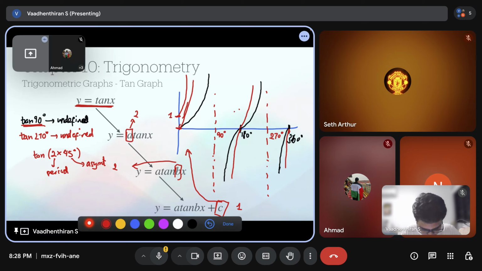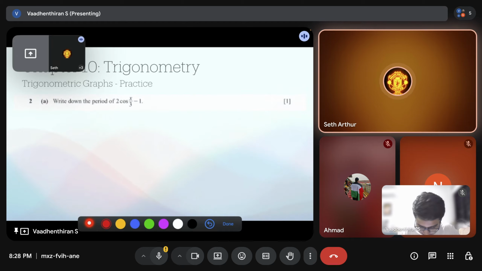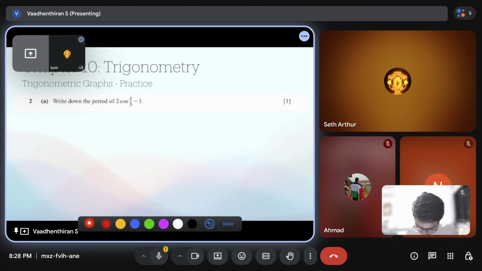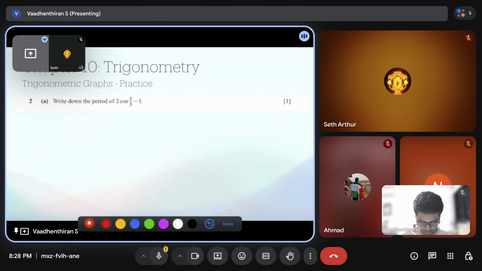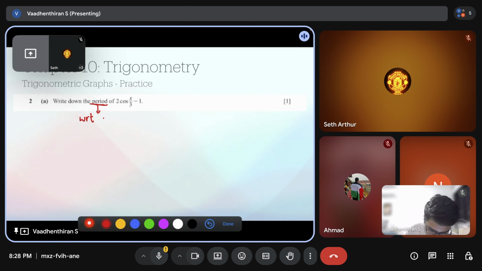You can all try. Okay, so here's a practice question. This is basically 1 mark, so it's easy. You just need to find the period. Period means you need to find it with respect to 360 degrees. You need to give the answer in degrees because here it is 1 by 3.